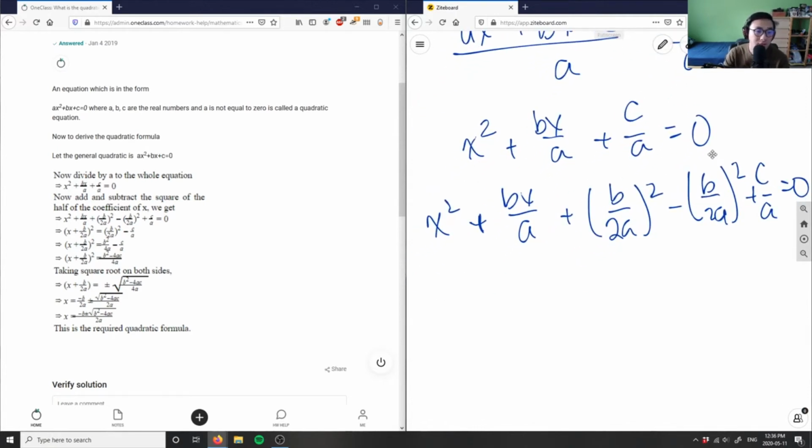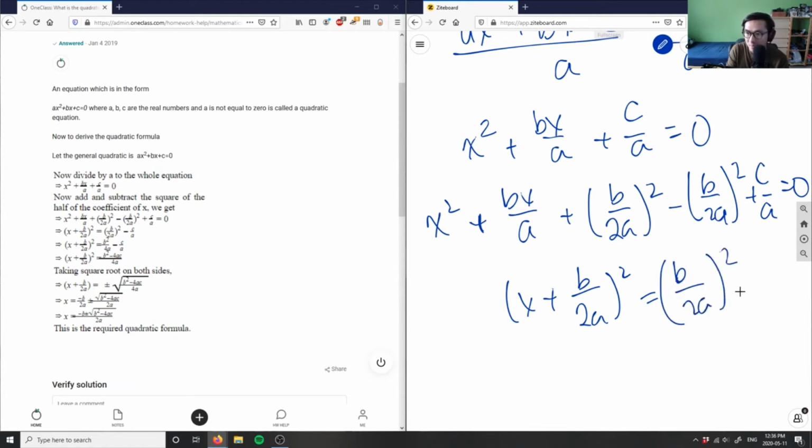And as you can see, I can now group these terms, because this is a perfect square trinomial, right? So I can say that this is simply x plus b over 2a squared, which equals, and I'm moving everything to the other side, positive b squared over 4a squared minus c over a.